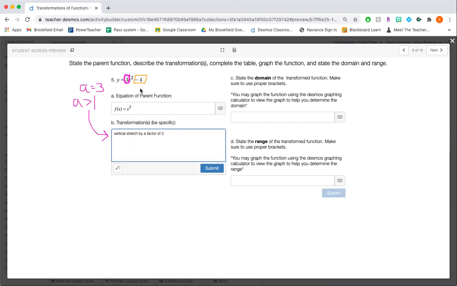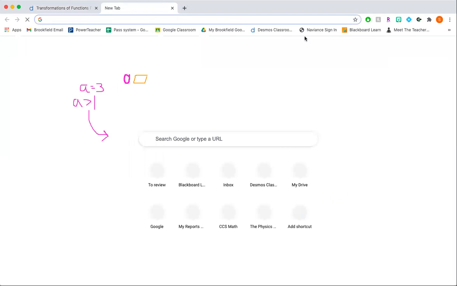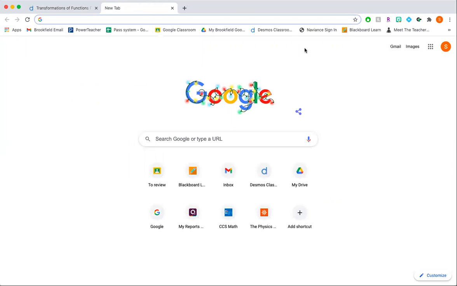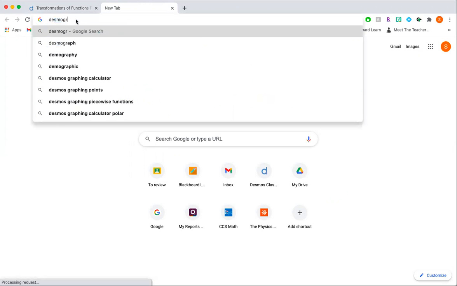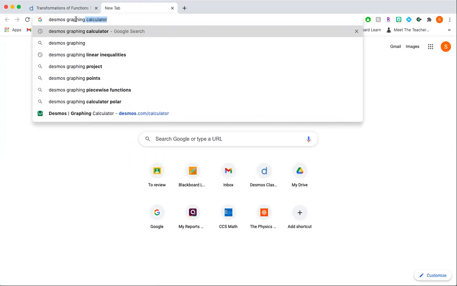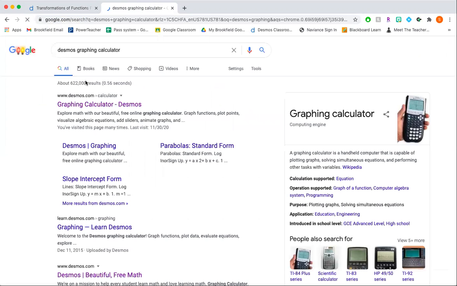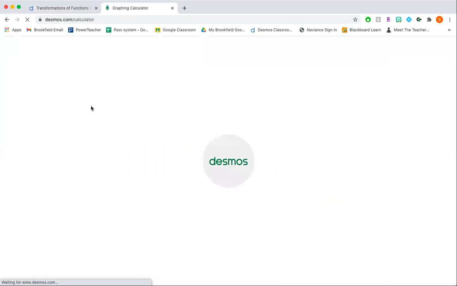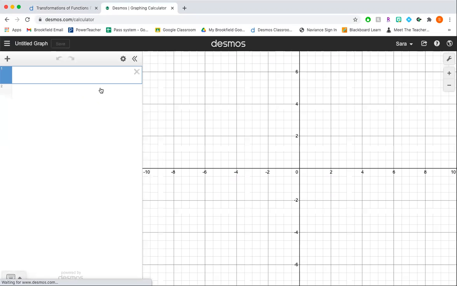The -4 out here on the outside in orange is my vertical shift down 4 units. So this is going to get skinny and then it's going to scoot itself down. Actually, let's take a look at that. So if I pull up my Desmos graphing calculator, then I type in my function.